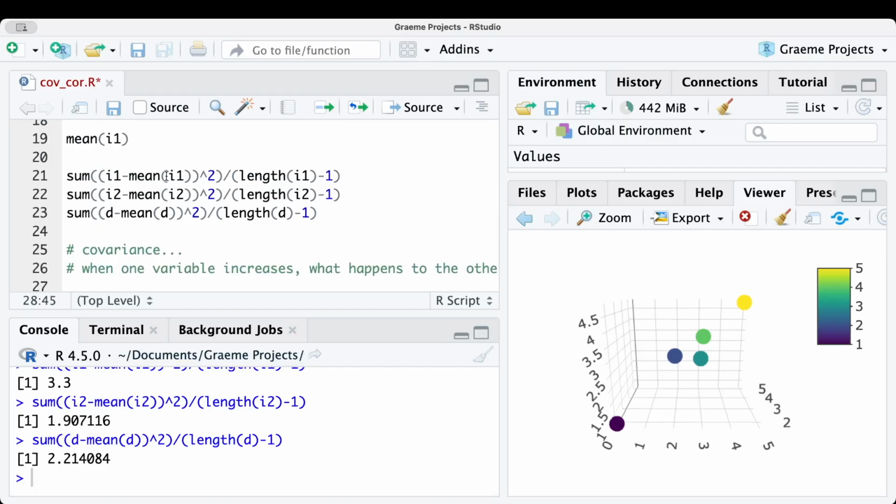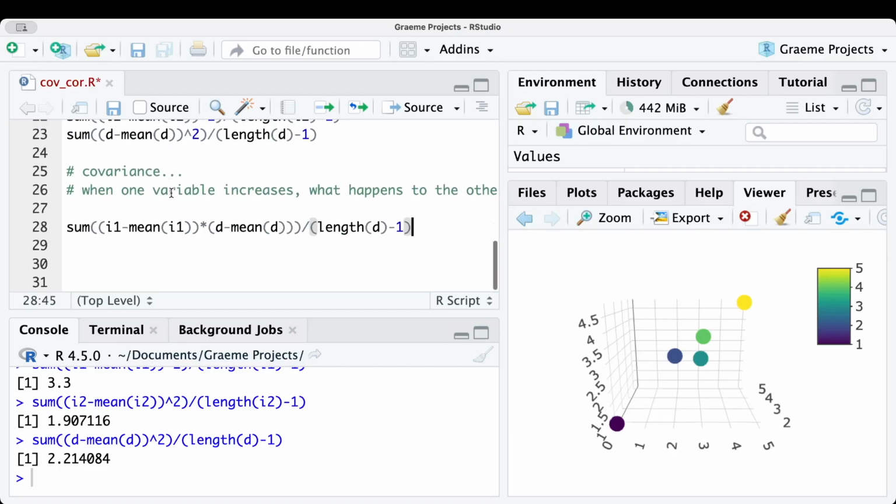Our variances are always squared. And this one, you're just multiplying, like the square root, I guess, or the distance between the variable and its mean by the other one, rather than just squaring this, for example. You're multiplying it by this other one. So that's why it's the covariance rather than the variance.